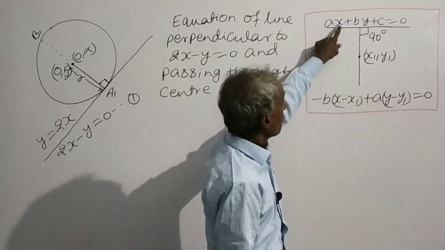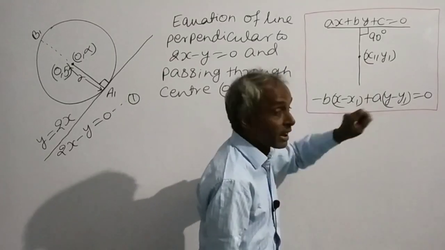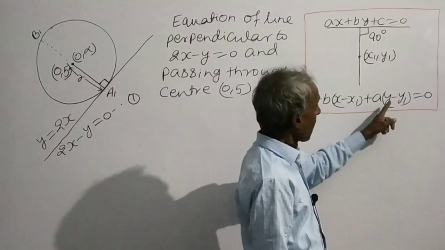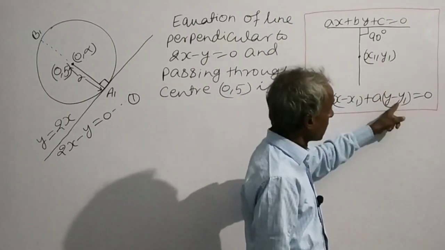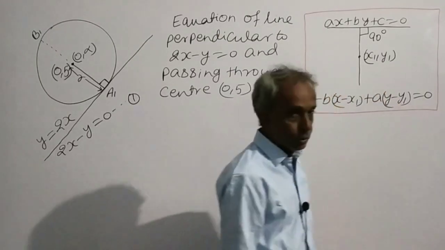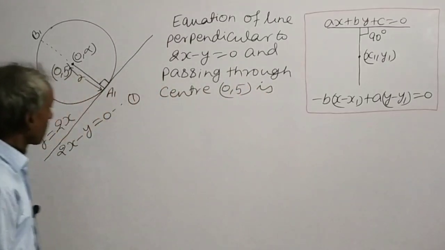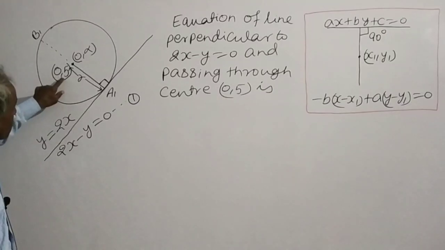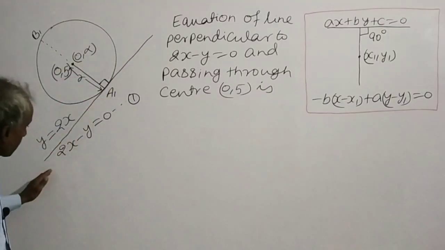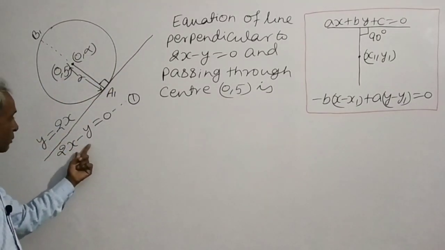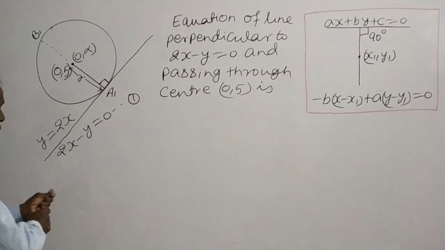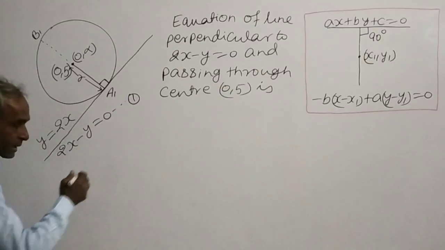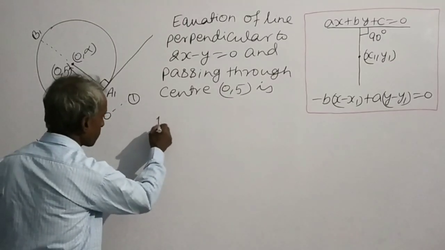Then we write the coefficient of x with the same sign without changing its sign. Then we write y minus the y coordinate of this point is equal to 0. By using this formula, the equation of the line passing through point (0, 5) and perpendicular to this straight line 1 will be: the coefficient of y is minus 1, we change its sign and write plus 1.